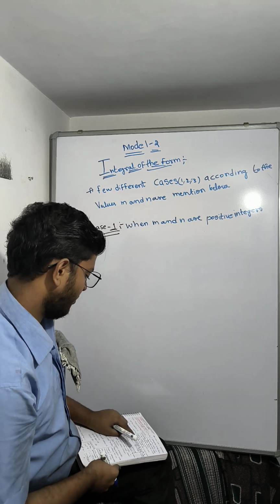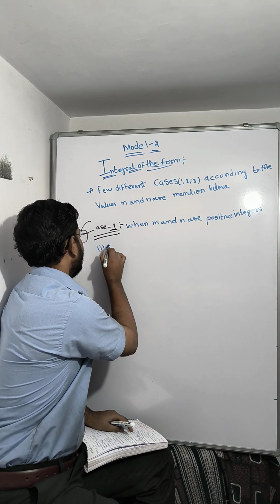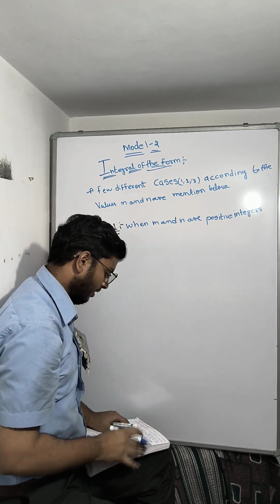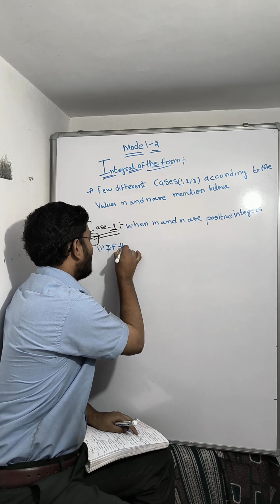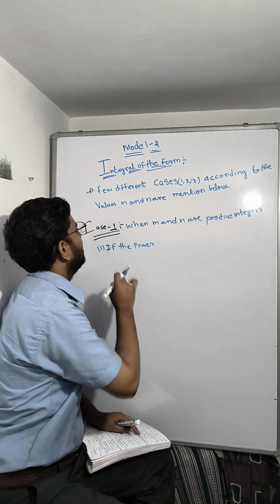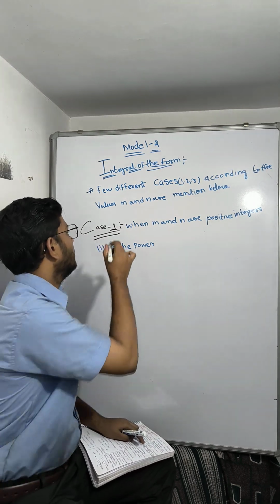When m and n are positive integers, first condition, if the power... what is the case? Case number 1, what is the integral of the forms?